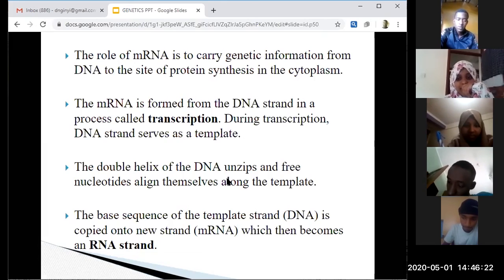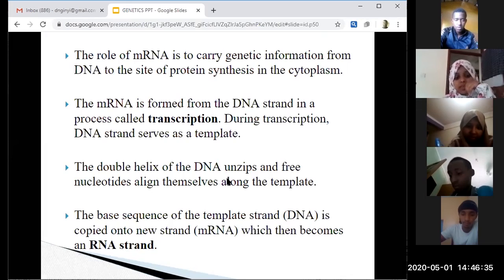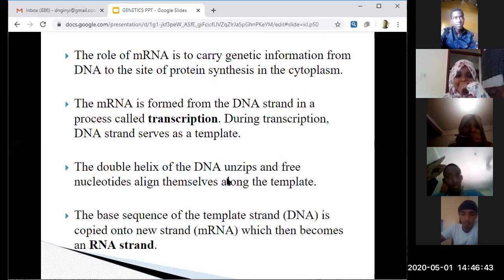The other difference is thymine and uracil. DNA has thymine, and instead of thymine, RNA has uracil. Maybe that one we will play out as we proceed. So there are three differences: the sugar, the number of strands, and the organic base.